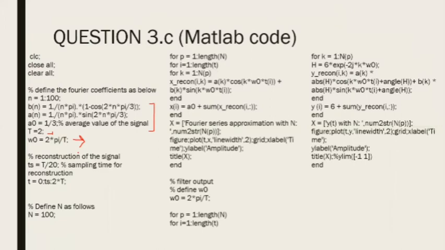Okay, now we move to the second part, that is reconstruction of the signal, where Ts equals T over 20, that is the sampling time for reconstruction, and t is the time for this. And the next part is define n as follows. That is just like what I said before, n equal to 100.